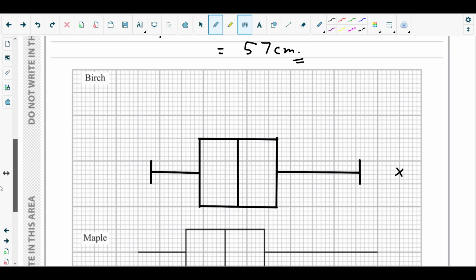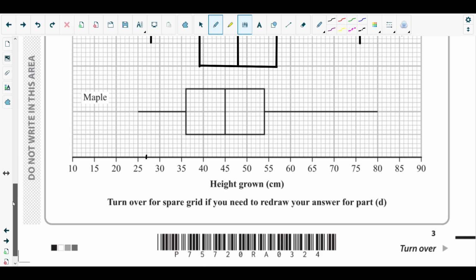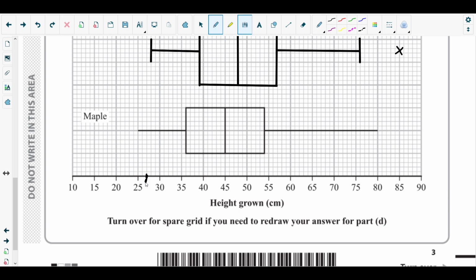Where does 27 lie? Look, 27 lies here, right? This is 27, which is before the lower quartile, and then 48, which is basically here, between the Q2 and Q3, the median and the upper quartile.